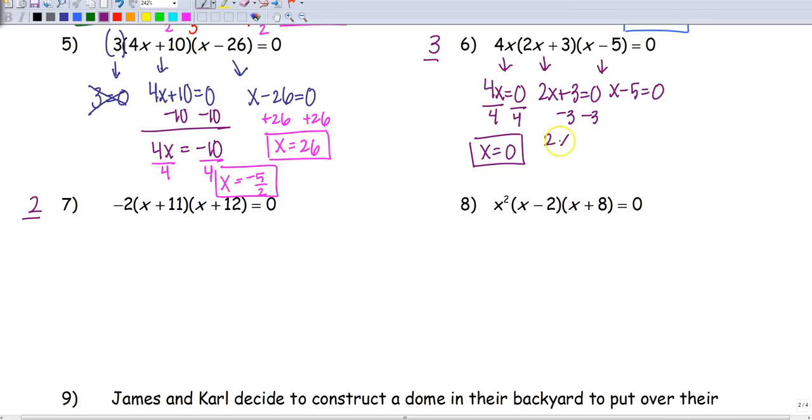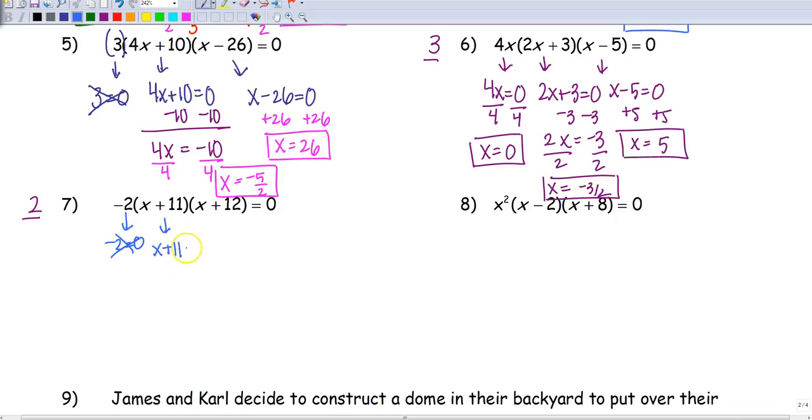And again, you're solving. I'm just kind of flying through this because this is something that we should be pretty good at by now. Add 5, and these would be your 3 solutions. In number 7, you are welcome to just ignore the negative 2 because negative 2 cannot equal 0.